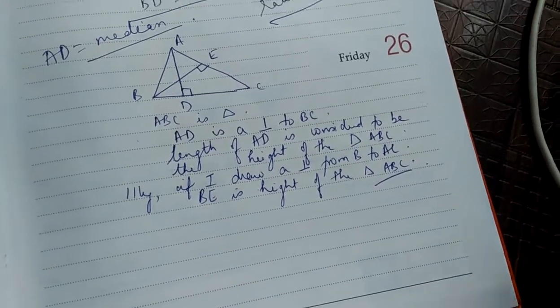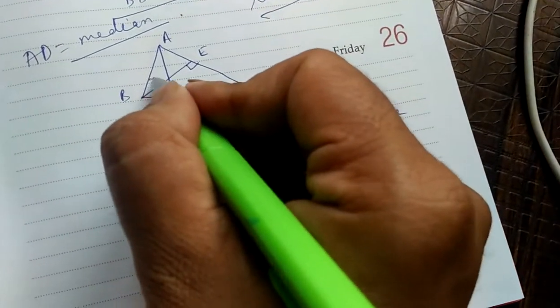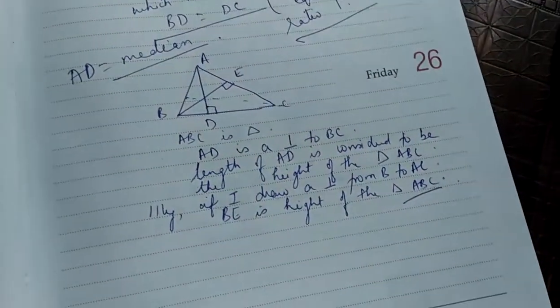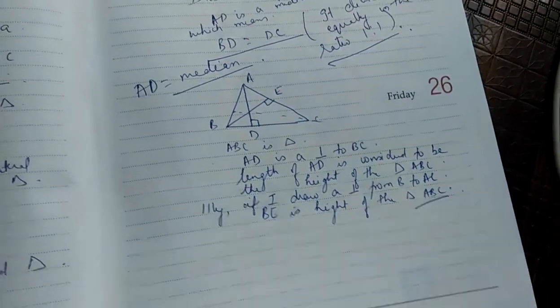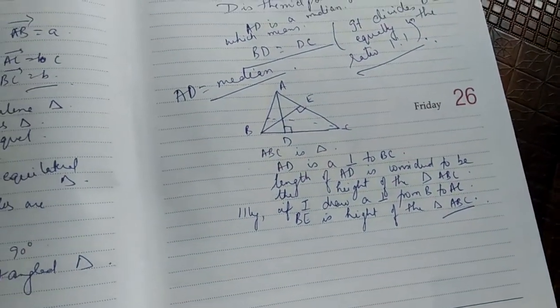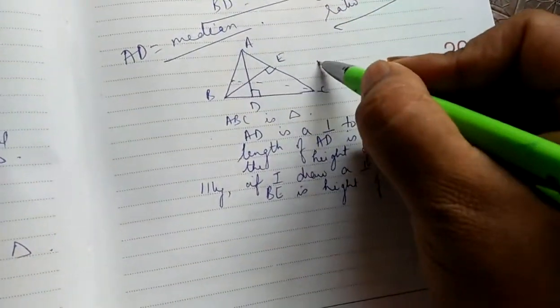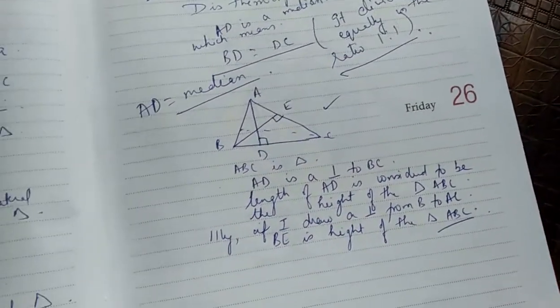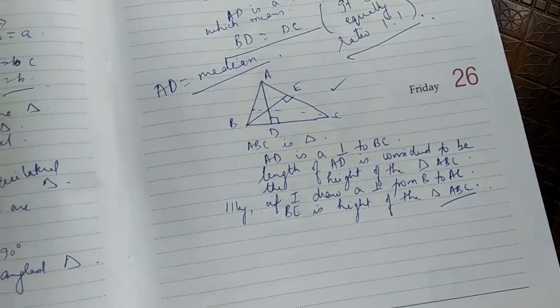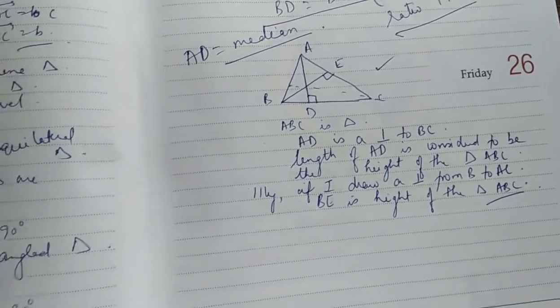Okay. Similarly, there is a third perpendicular possible from vertex C. Okay. So this is the altitude of the triangle. Okay. So in an acute angle triangle, we have seen it. In a right angle triangle, there is already a perpendicular. One of the sides is already a perpendicular.